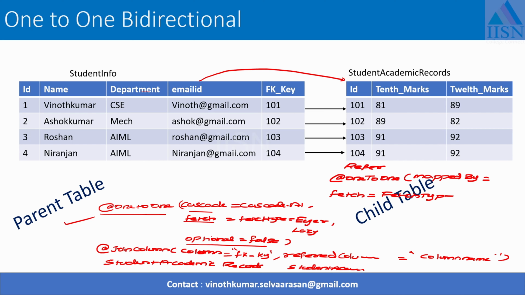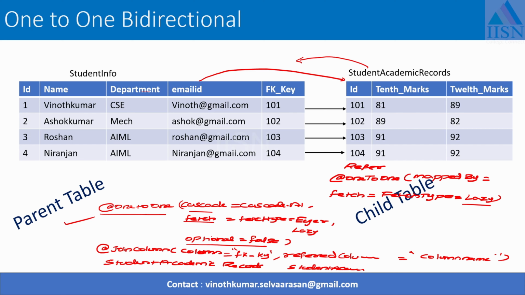What is the fetch type? Lazy. Why are we mentioning lazy here? When we are retrieving the student academic record, only when it is required do we need to retrieve the parent class details. That is why we are mentioning lazy here.